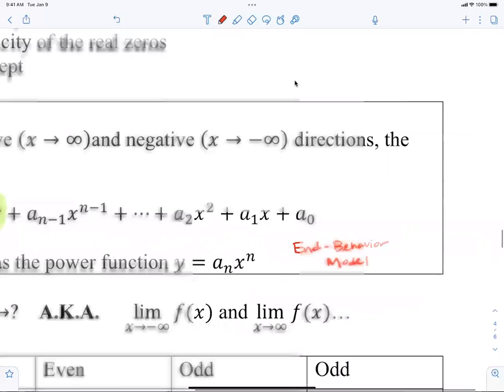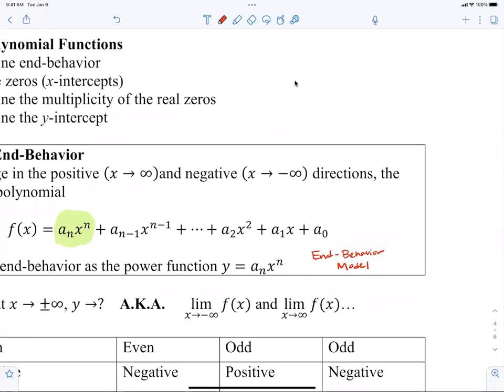And the end behavior model is a simpler function that you could easily determine end behavior for, or that you know the end behavior of, that has the same end behavior as the more complicated function that you're trying to determine end behavior for.